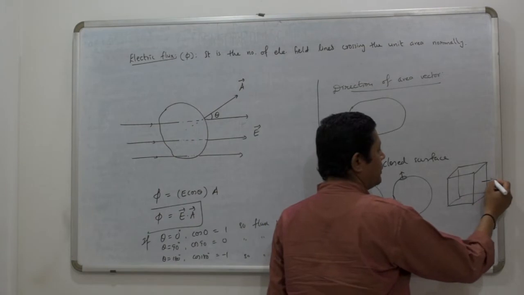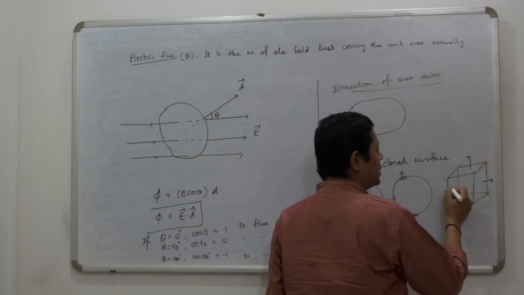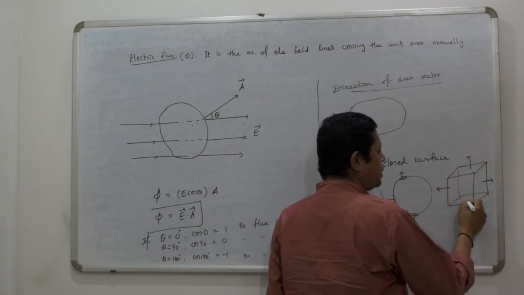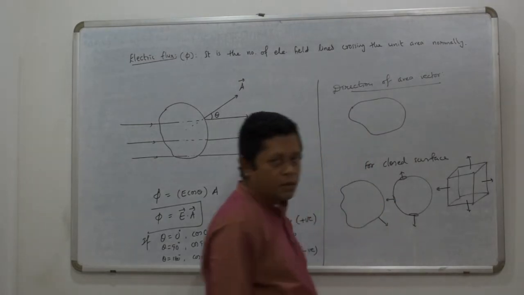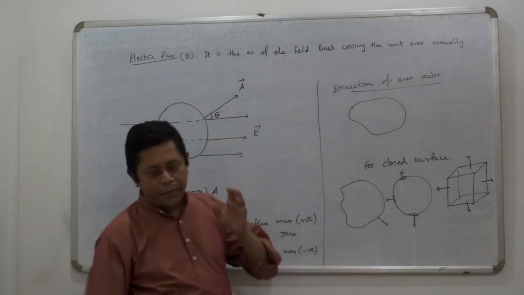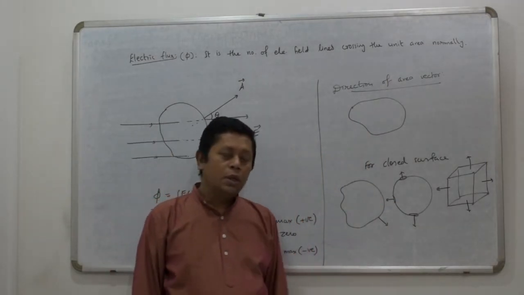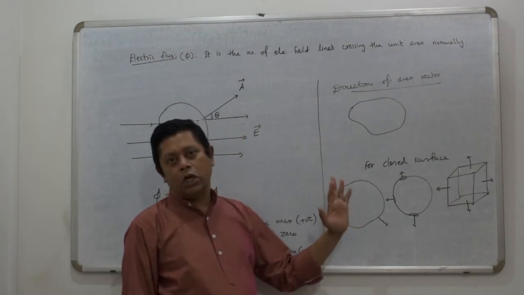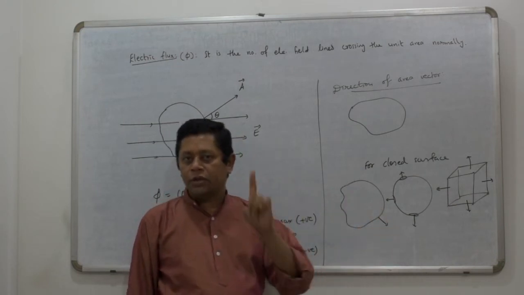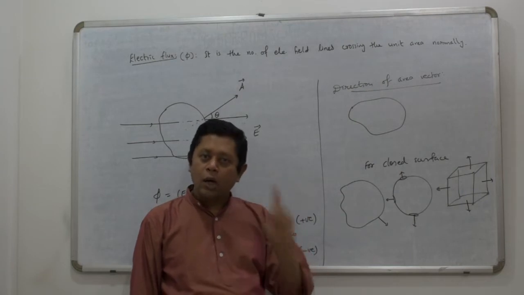For any surface element you take, the area vector is always outward. For all faces, the area vector direction is outward, perpendicular to the different faces of the surface. So remember, for any closed surface, the area vector is always perpendicular to the plane and outward.